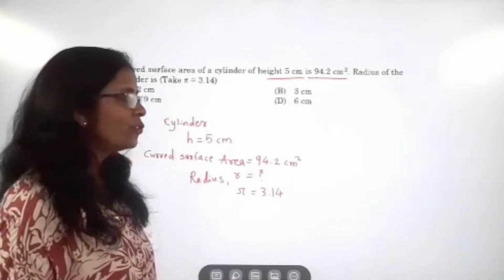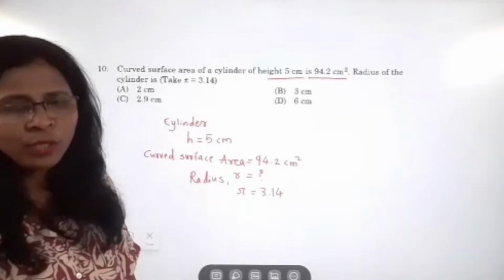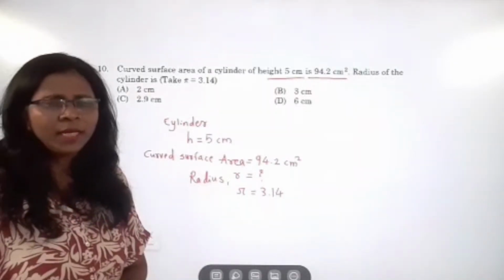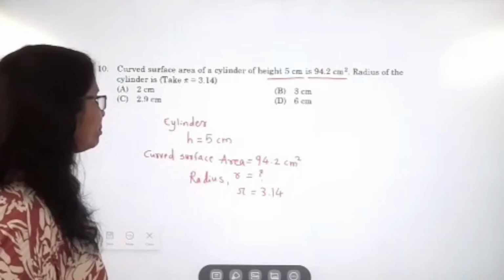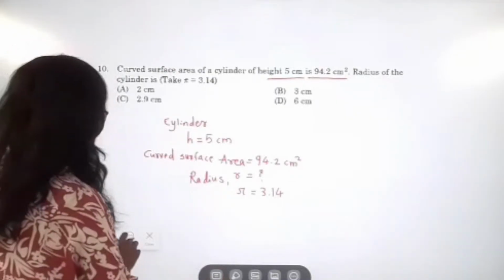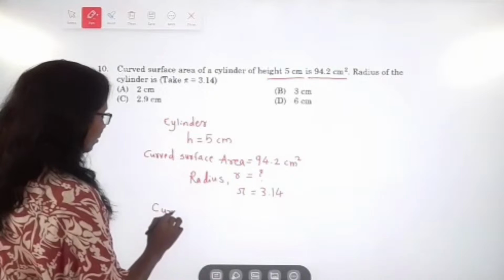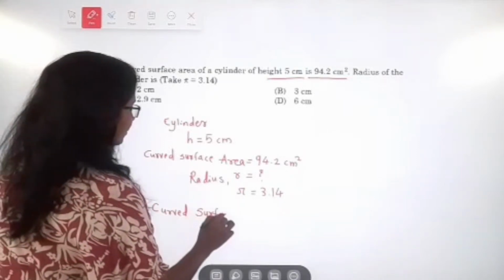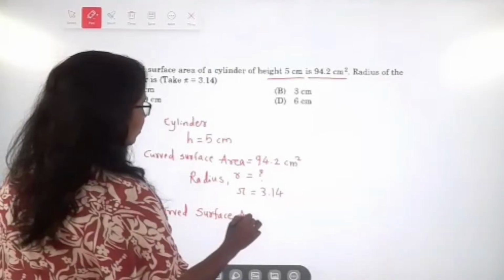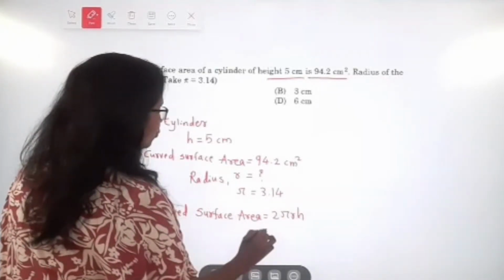Okay students, now we have to know the formula for the curved surface area of the cylinder, and that is 2πrh. So curved surface area is equal to 2πrh.